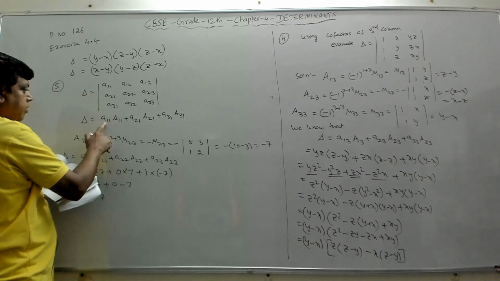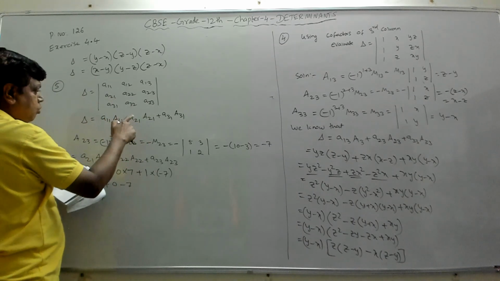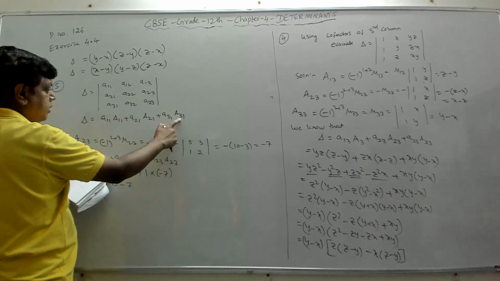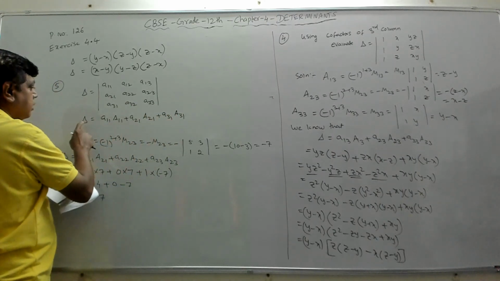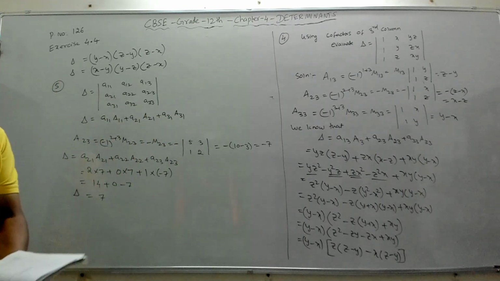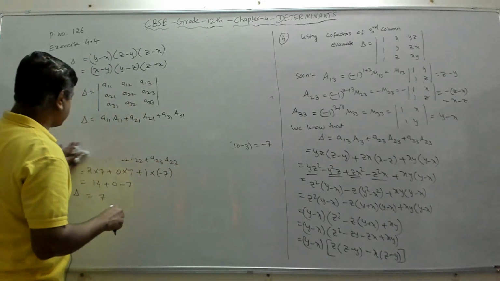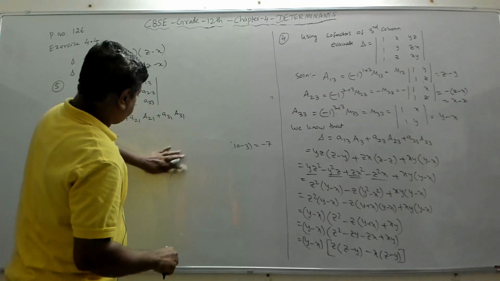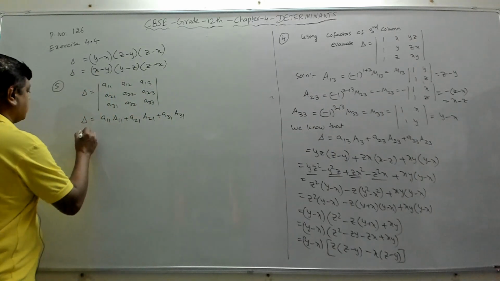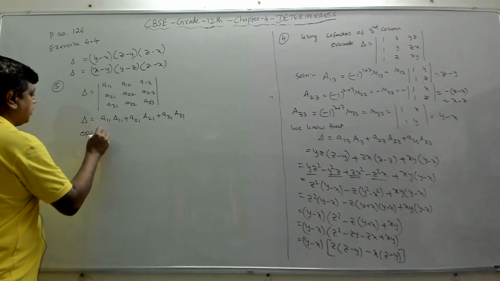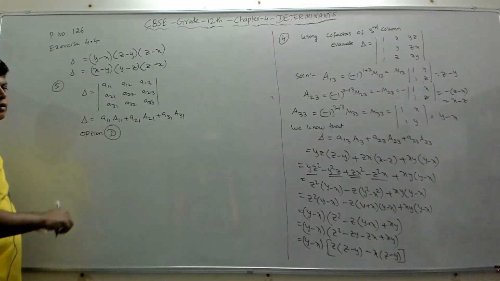Capital A11 is the cofactor of small a11, capital A21 is the cofactor of small a21, capital A31 is the cofactor of small a31, and that will be equal to the value of the determinant. So the right answer is option D. Option D is the correct answer.